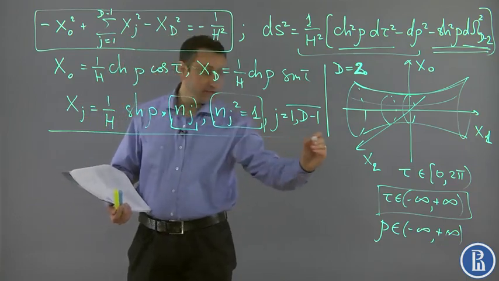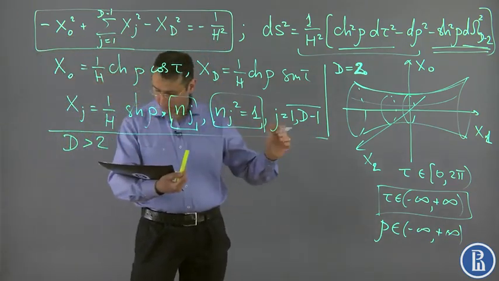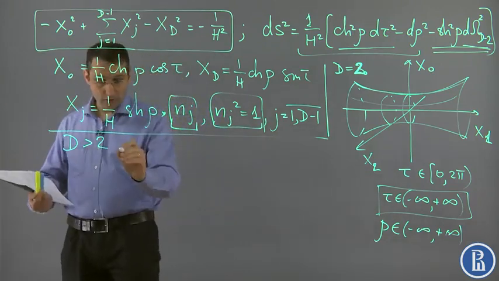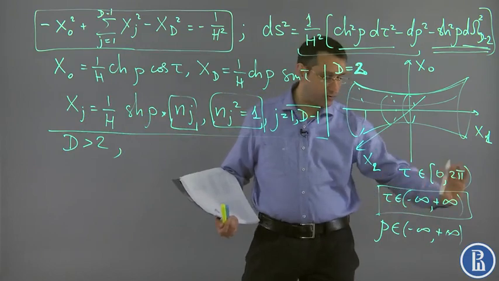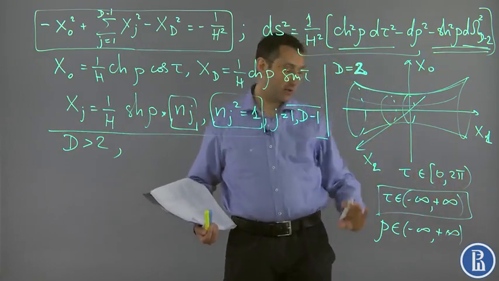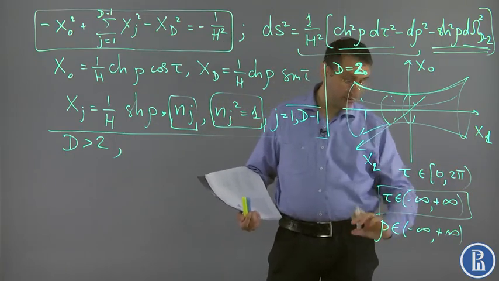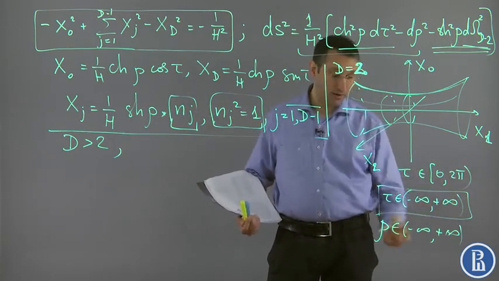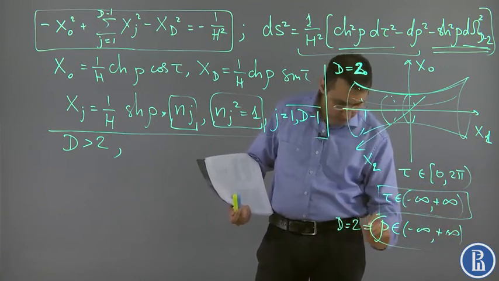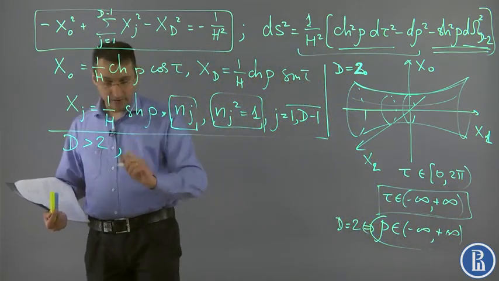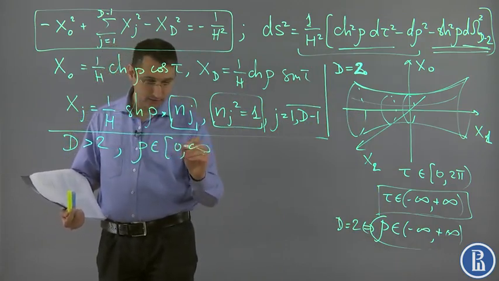While if we consider d greater than 2, starting with 3 and so forth, the range of values of tau does not depend on the dimensionality. It is always appropriate to have it like this, but we can consider the universal cover. What happens with rho, that is only for d equals 2, like this. For d greater than 2, rho is ranging from 0 to infinity.